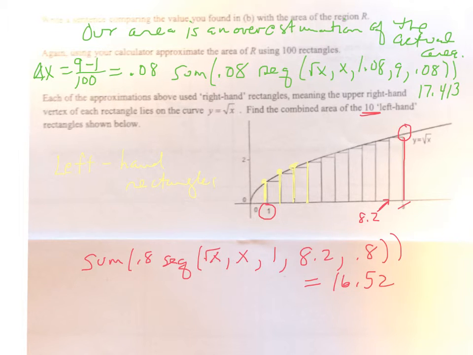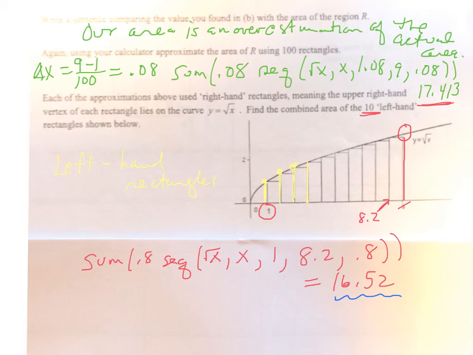Now look at the 3 values that you had. You had the value of 18.116, you had the value of 17.413, and now we have the value of 16.52. Take a guess. What do you think the actual value would be underneath this curve?